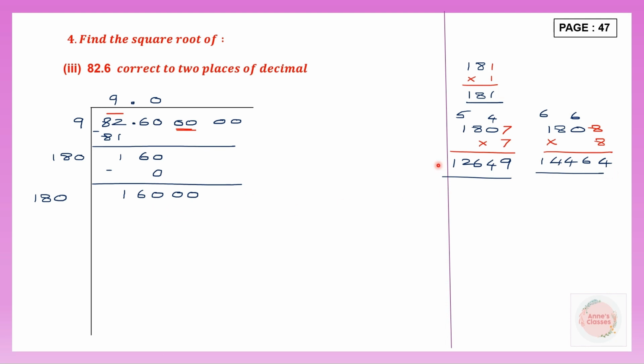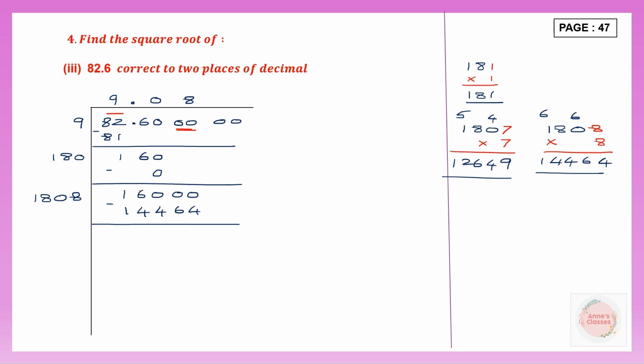So let's use that. That means next to 180 we have to put the digit 8. So let's put 8 here. So we multiply by 8. So now what's the number? 1,808 into 8. What did we get here? 14,464. So let's write that here. 14,464. Let's subtract this.